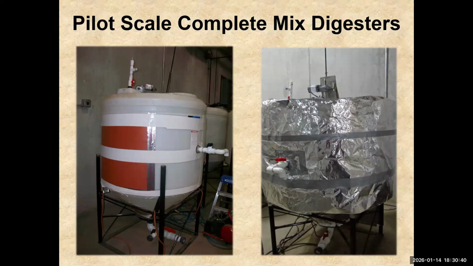But we noticed during our research that we were losing heat. So we built these reflective foil frames around each of these digesters to encapsulate the heat surrounding the digester.